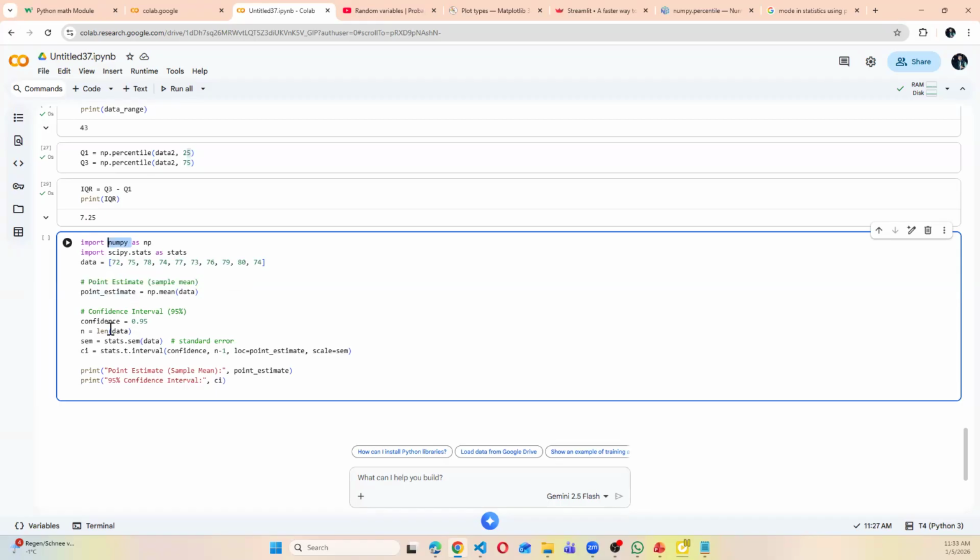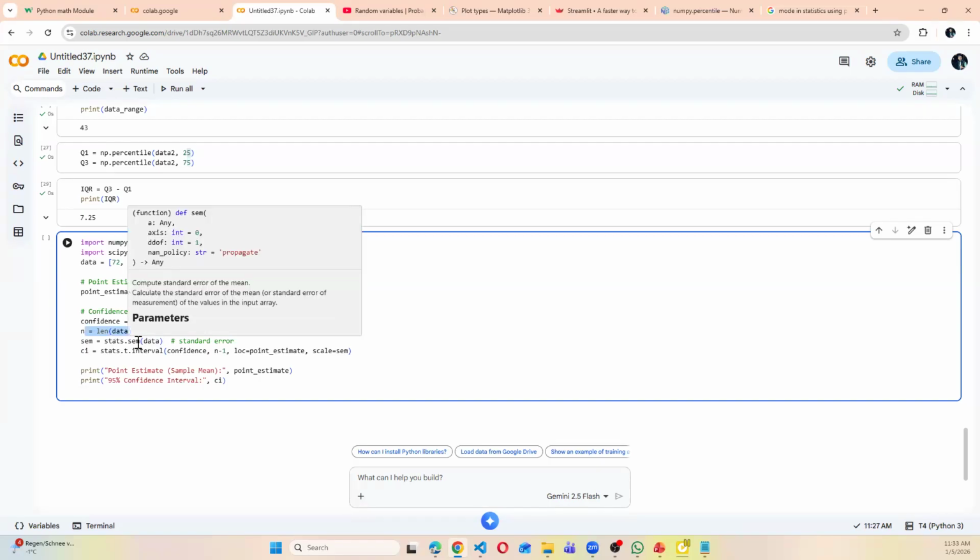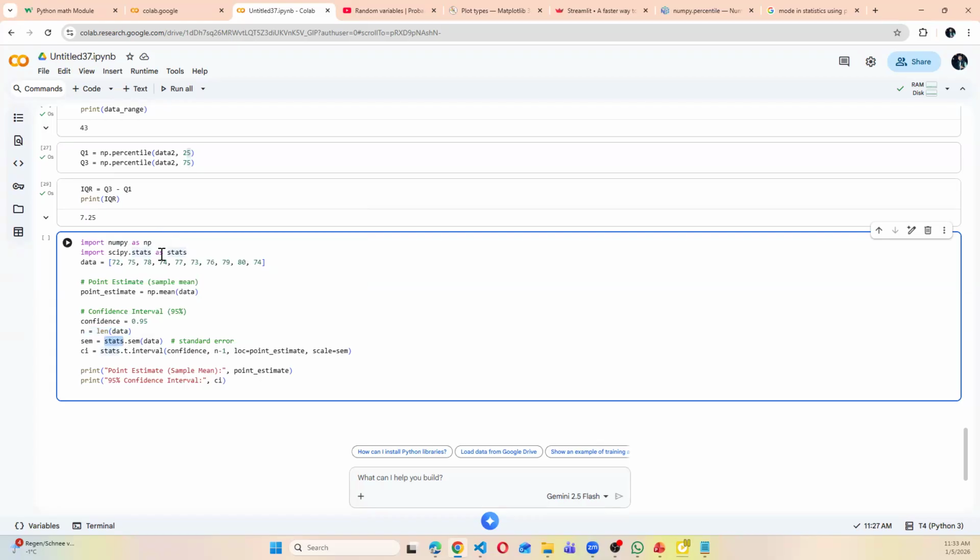But if you want to do it for a confidence interval, you say the confidence level of 95 or 99, it's up to you. Then you need the length of your data, and then you will use the standard error, SEM.